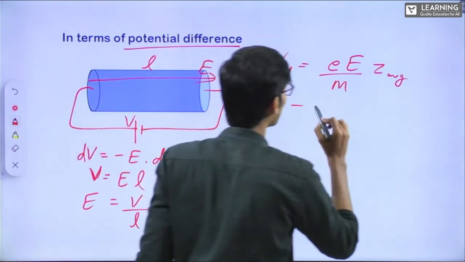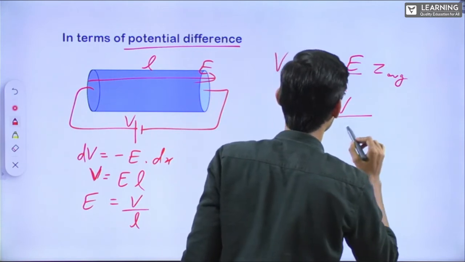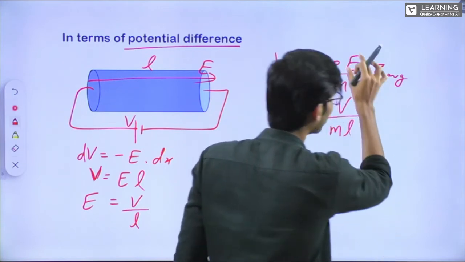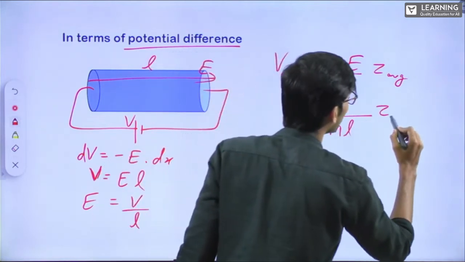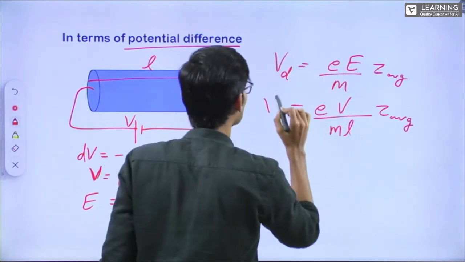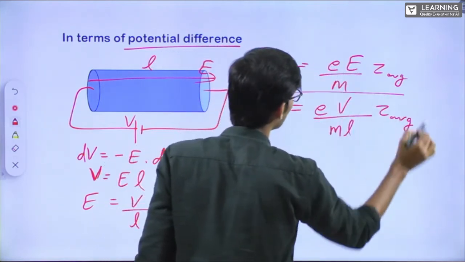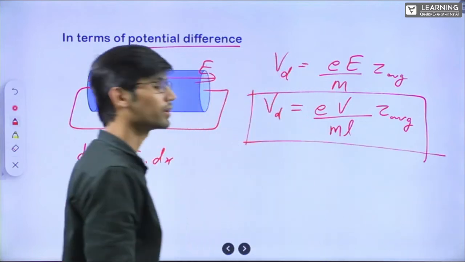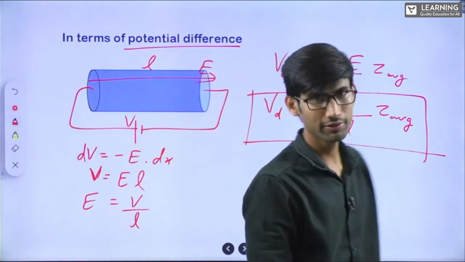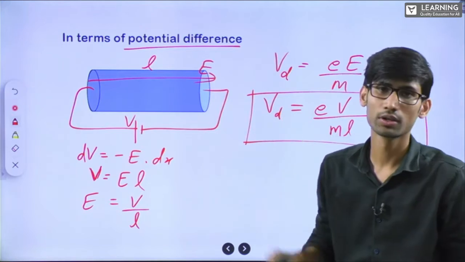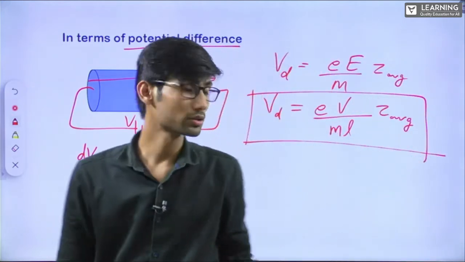So this will be eV by, in place of E I have written V by L, rest everything is same, tau average. That is drift velocity in terms of potential. Anyways, we know that the direction of this velocity will be opposite to electric field.